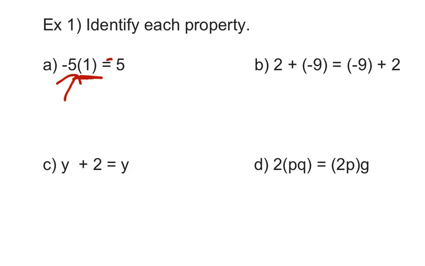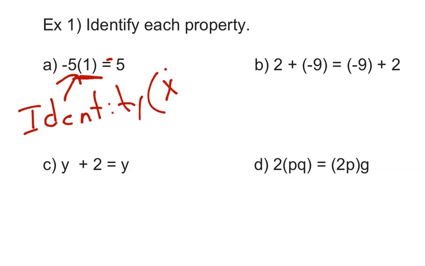When I multiply those together, negative 5 times 1 is negative 5. So this is going to be the identity property. I'll write that down, if I spell it right, of course: identity property of multiplication. Instead of writing out multiplication, I just put the little times box there.